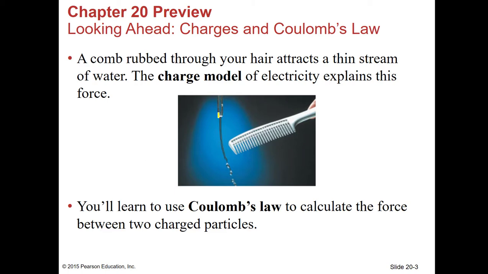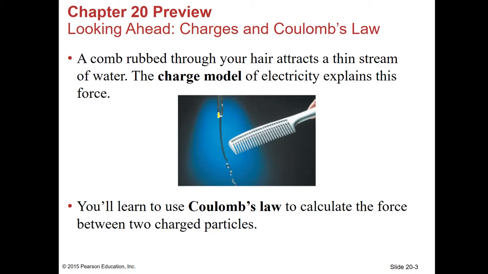So the charge model of electricity explains this force. And we'll see in this chapter that charge is just a property of electrons, for example. So electrons, because they're electrons, have a certain amount of charge. So if something is negatively charged, it had to have had electrons added to it. Okay, so we'll get into this in a little bit more detail in just a minute.